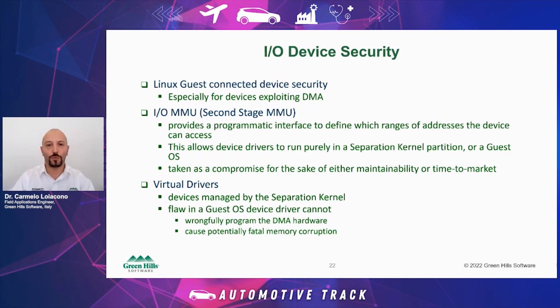And in this case, we can really provide security, for example, by properly configuring the IOMMU and using virtual drivers that do sanity checks before sending commands to the devices or before giving the input to the guest.